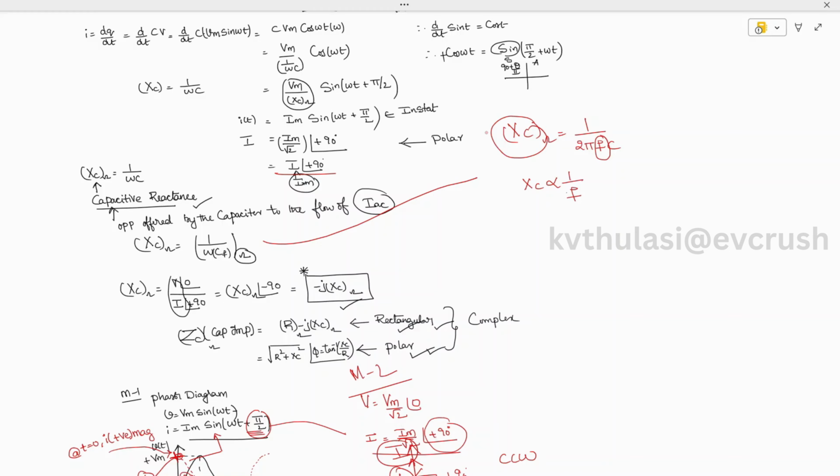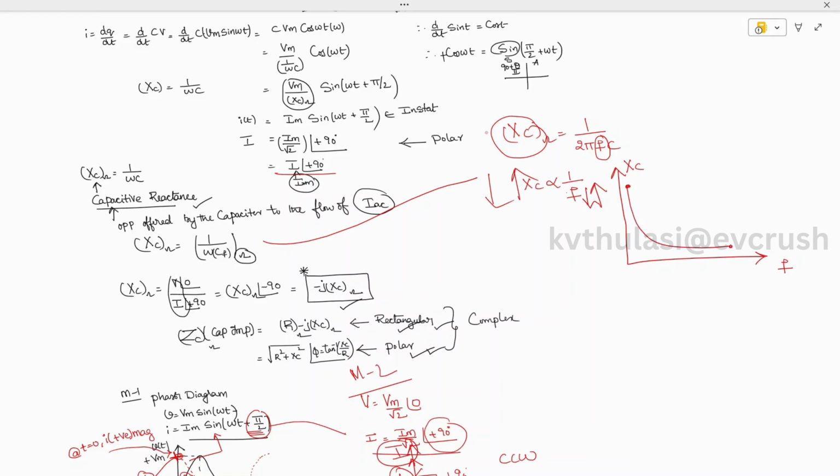Now let us try to plot the graph. On the x-axis you are going to have frequency, on the y-axis you are going to have XC. Whenever the frequency is minimum, XC is maximum, so the curve will start at this point. Next, frequency is maximum and XC is minimum, meaning the curve should be like this.